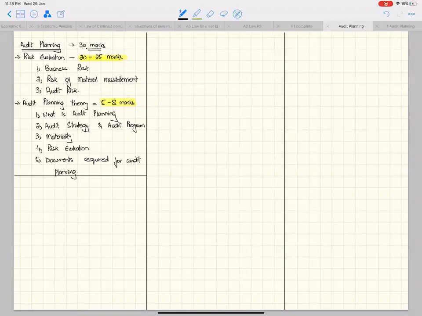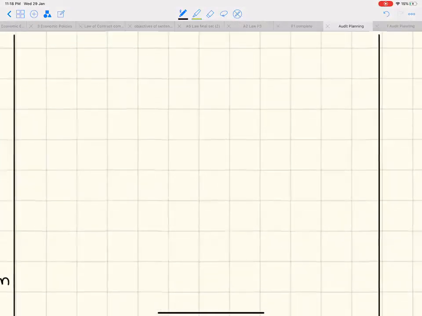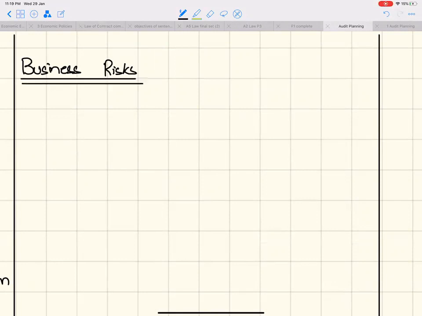Okay. So now we are starting with our first topic in audit planning, which is business risk. Now, I want your full concentration so that you can understand. Now, business risk itself comes for like 10 to 12 marks within risk evaluation.